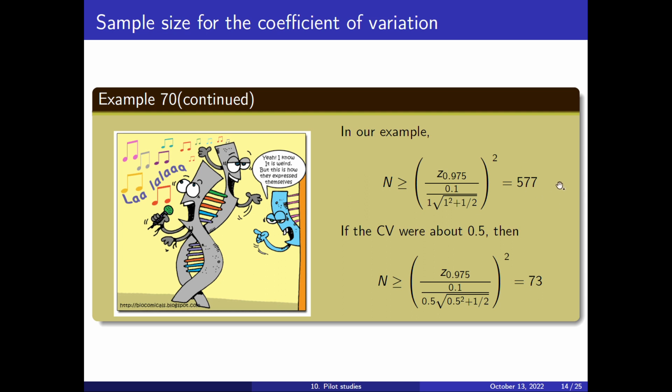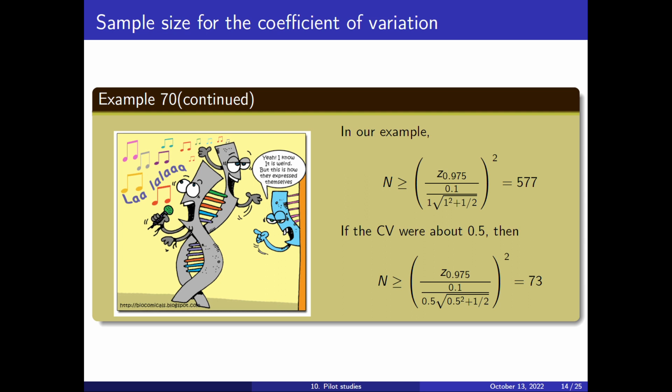And if the coefficient of variation was much smaller, let's say 0.5, then it drops dramatically, almost by a factor of 10. That makes sense, because the more variable the observations are, the wider the confidence interval.